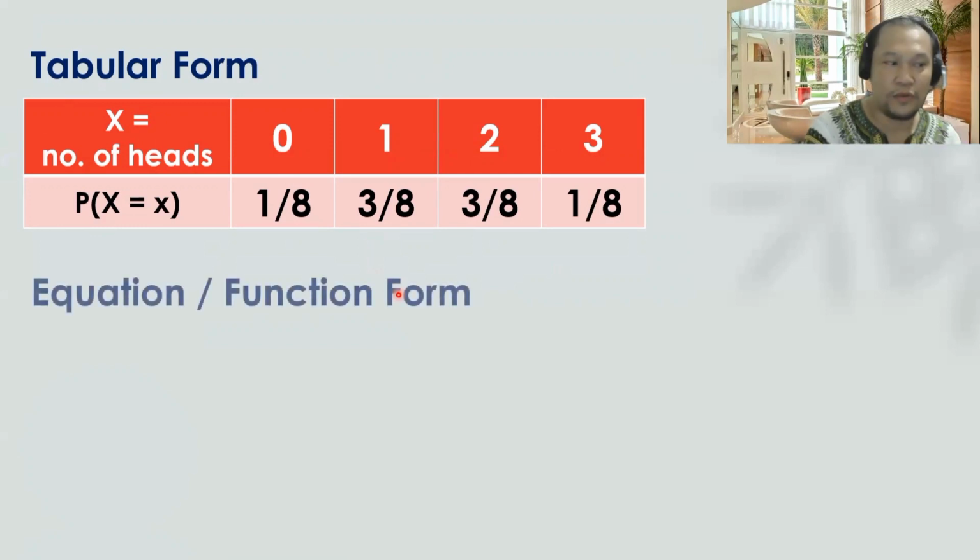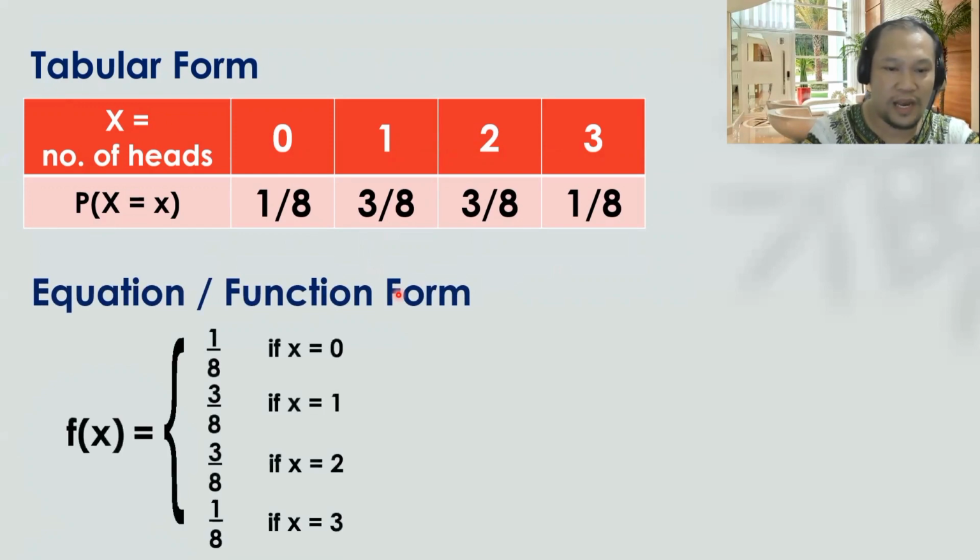On the other hand, we can write this in function form: f of x is equal to 1/8 if x is equal to 0, 3/8 if x is equal to 1, 3/8 if x is equal to 2, and 1/8 if x is equal to 3. And this is how we illustrate our discrete probability distribution using equation or function form.